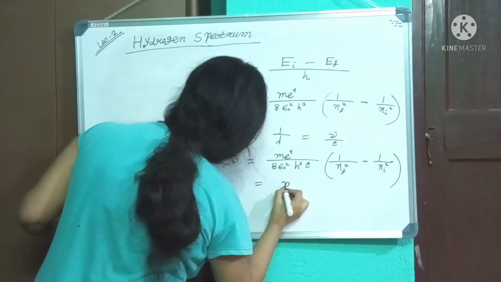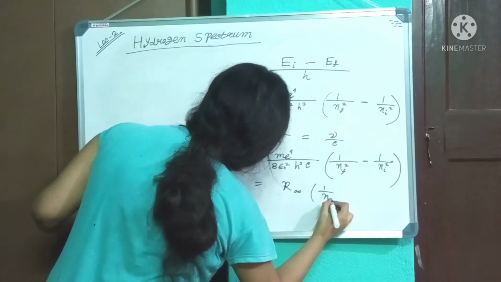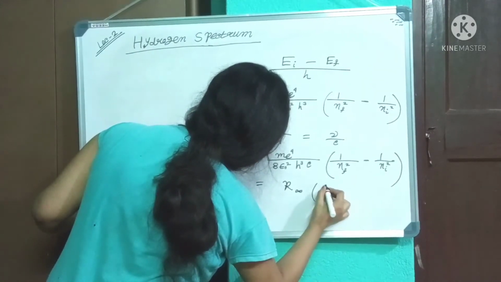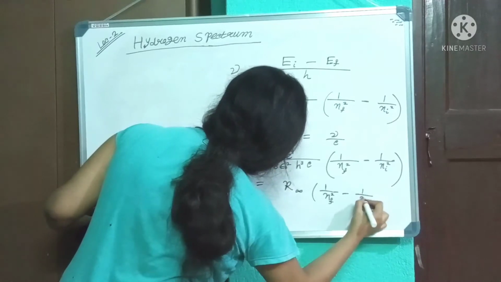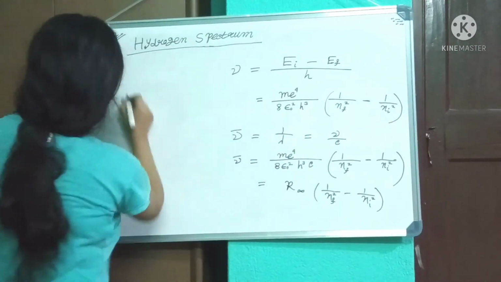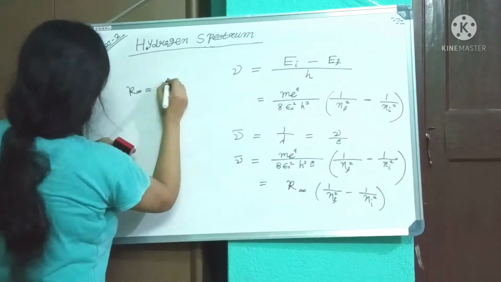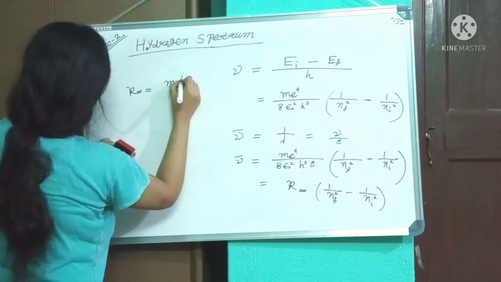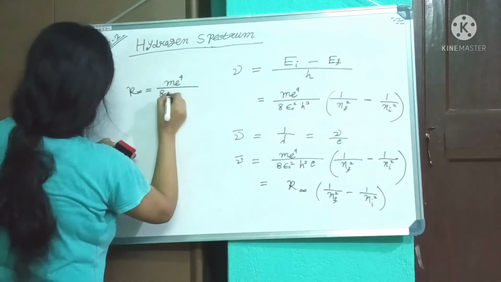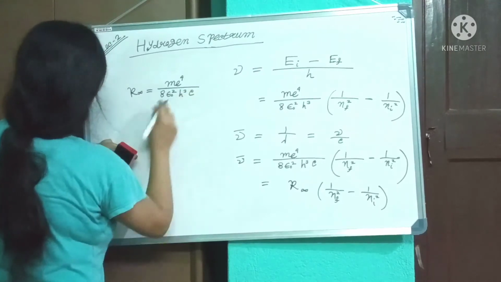Now we'll express it as R infinity into (1 by nf square minus 1 by ni square), where R infinity equals m e to the power 4 by 8 epsilon naught square h cube into c.